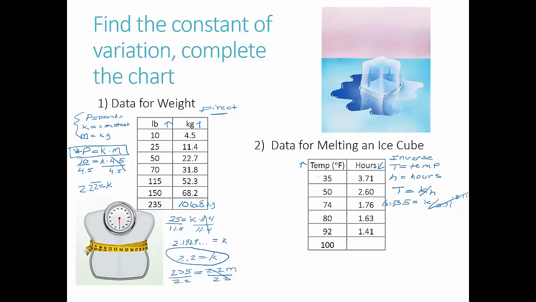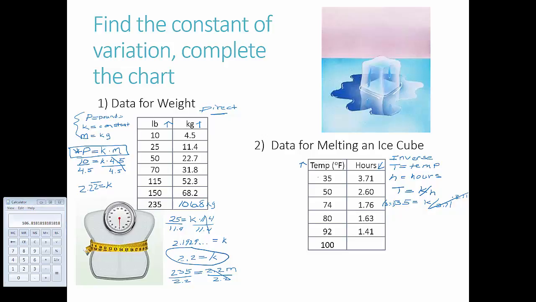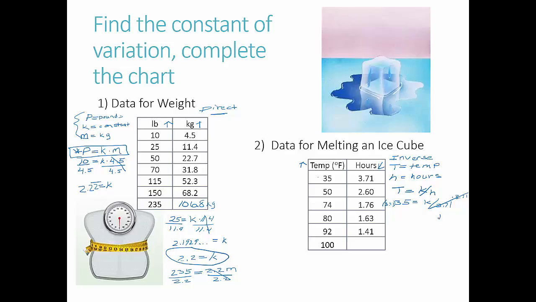So I'll go to my calculator, and we have 35 times 3.71, and we have a value for K as 129.85, and it continued. Good estimate.